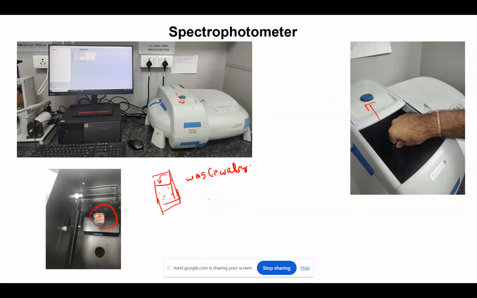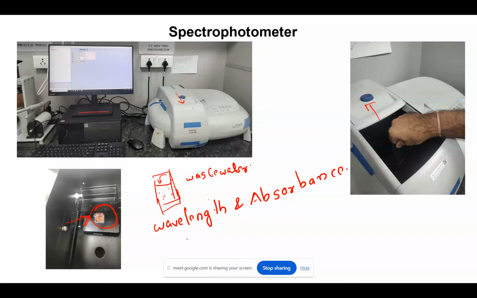Then, for each element present in the wastewater, the absorbance will be different. Inside, the light will transfer to the wastewater tube, and from the differing wavelength and absorbance data we derive the results. So for each element, the absorbance will be different.